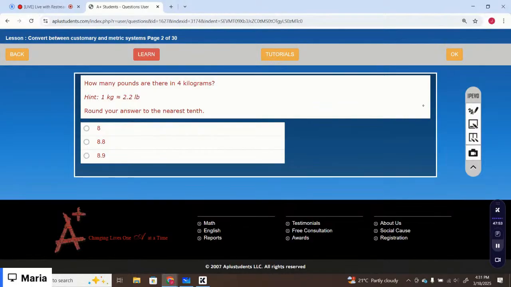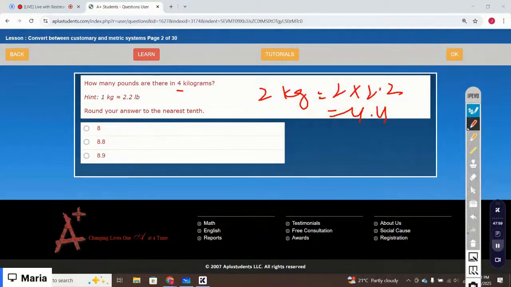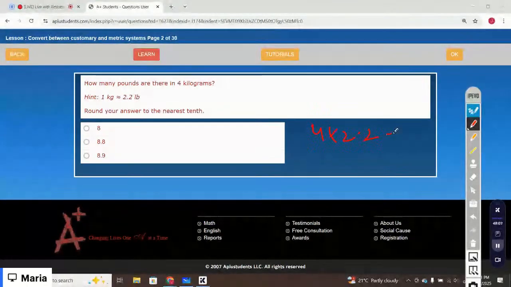4. How many pounds are there in 4 kilograms? You are given 1 kg equals 2.2 pounds. So you have to do 4 times 2.2. So which is the correct option?